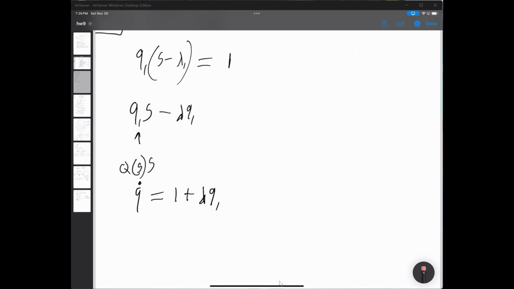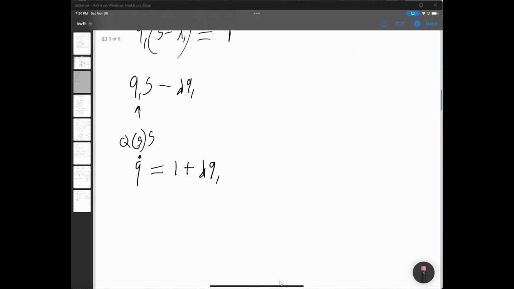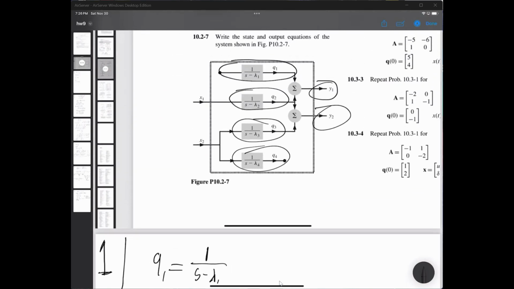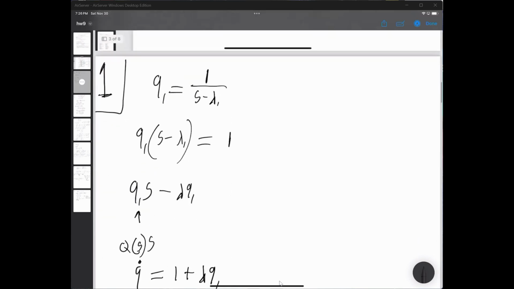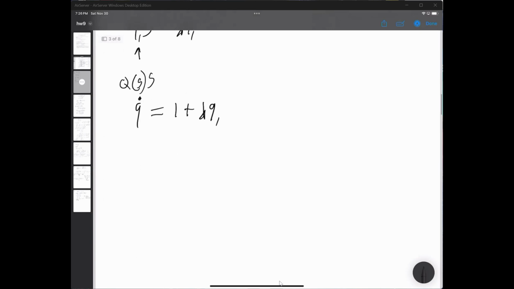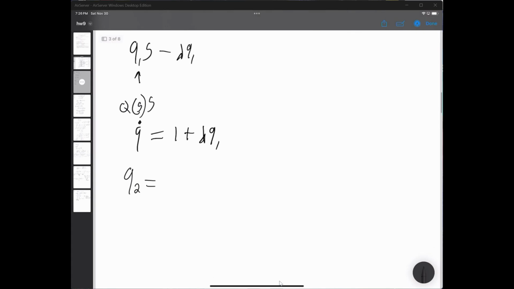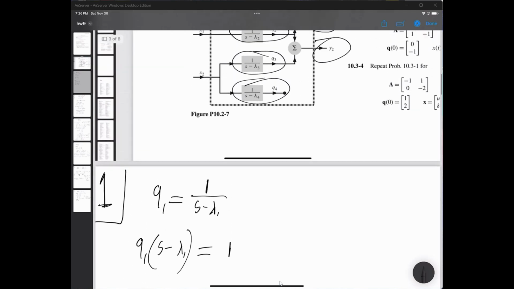All right, now, since we found the state space for one of them, now we need to find the state space for the other 3. So it's going to be Q2 equal to 1 over S minus lambda 2 times x1.